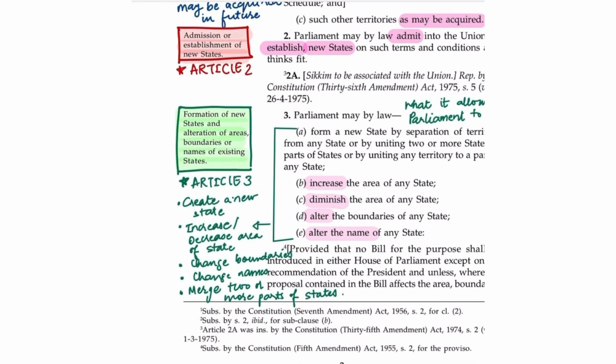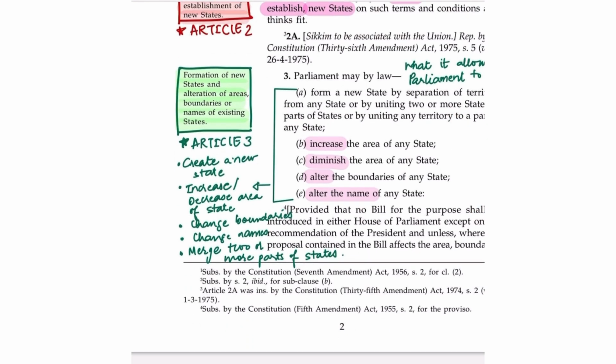Okay, so what is Parliament allowed to do under article 3? It can create a new state, it can increase or decrease area, it can change boundaries, it can change names, it can merge 2 or more parts of the states. Okay, so it can do all of these things under article 3.